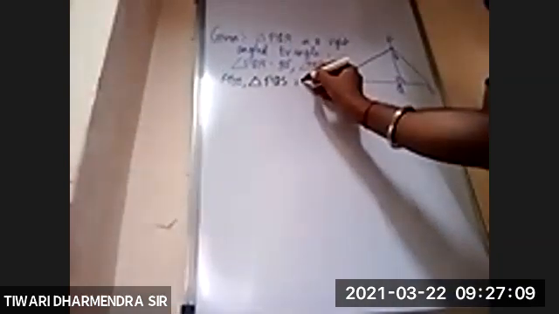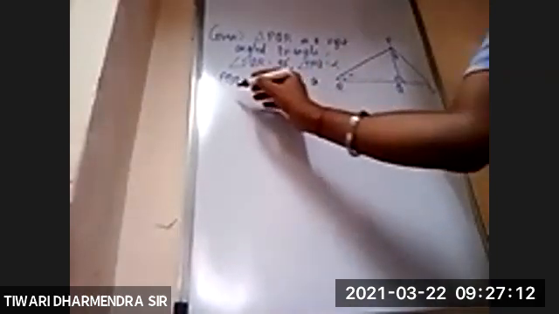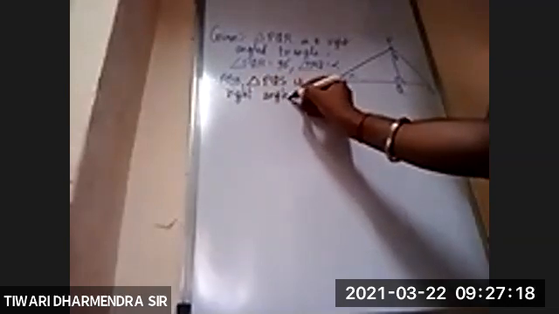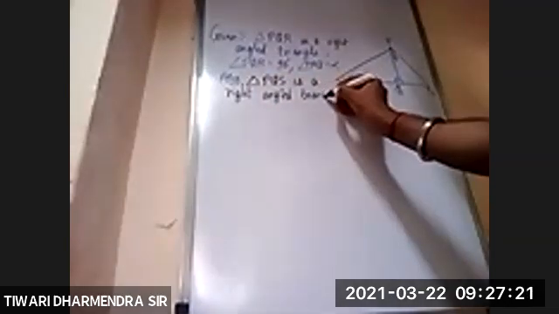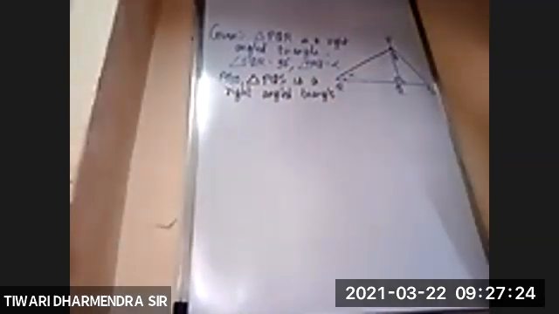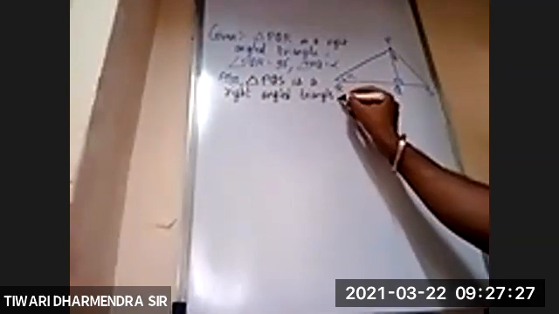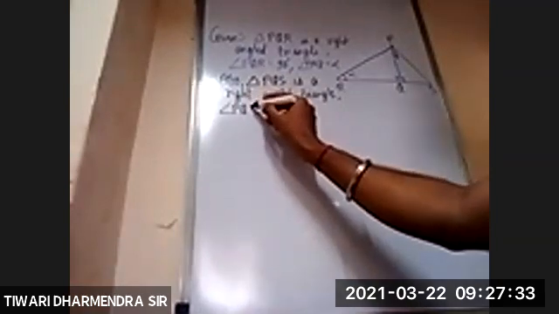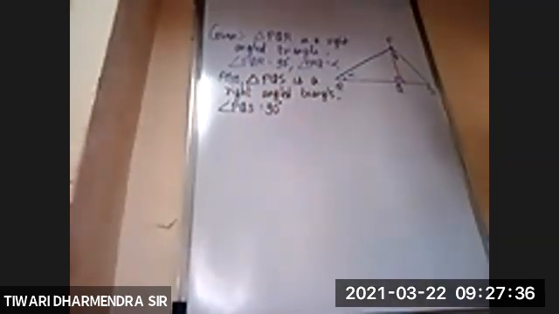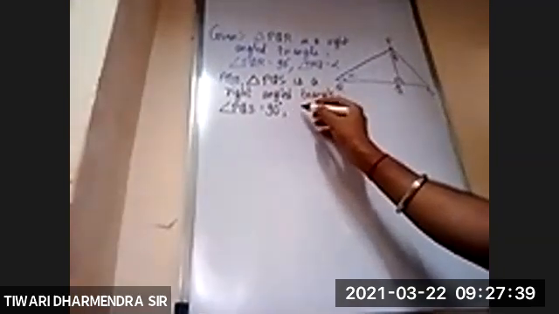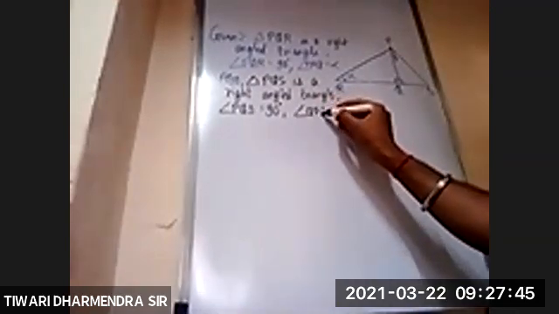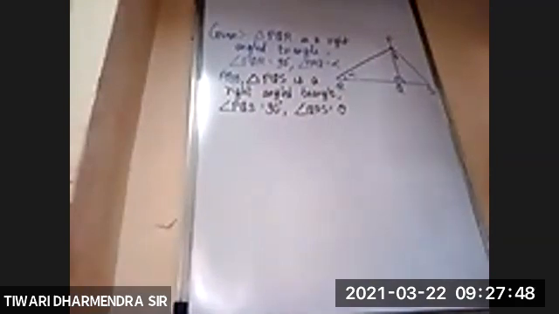Is a right angle triangle with angle PQS equal to 90 degree, angle QPS is equal to theta. So this is the given part.